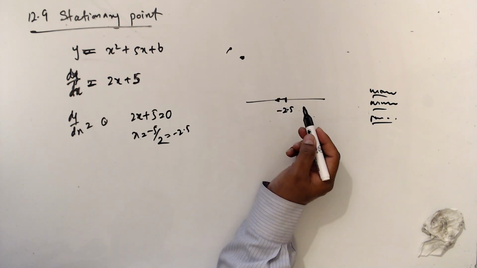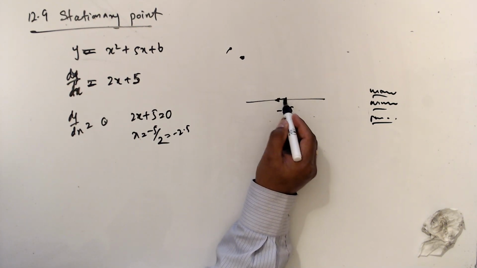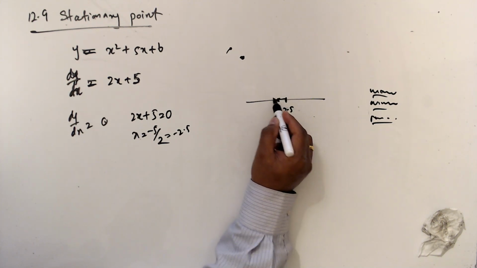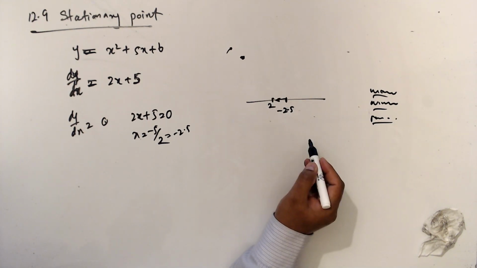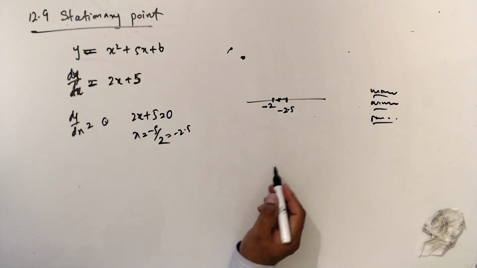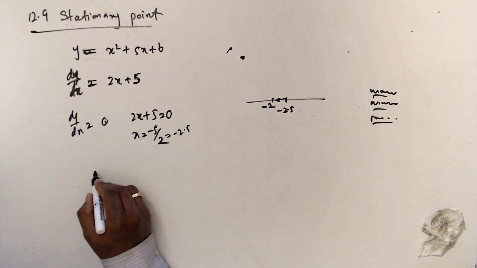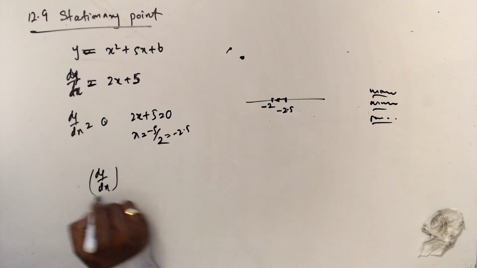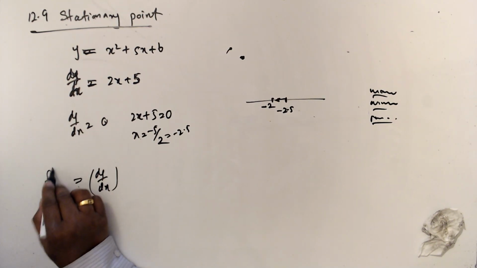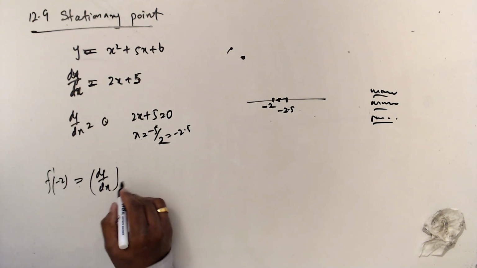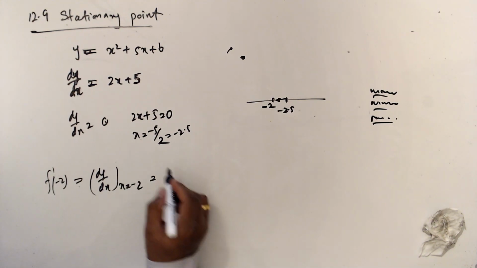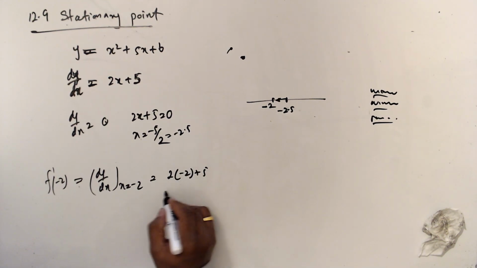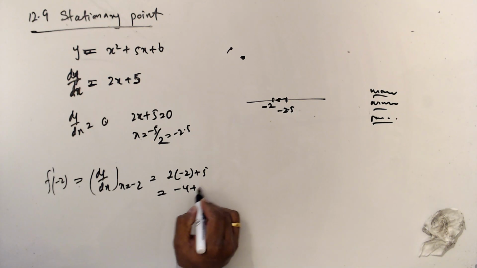Let's go a small distance to the left. Can you tell me a distance? Okay, we'll take any number, minus 2. Now we'll check f dash x or dy by dx. 2 times minus 2 plus 5 is going to be minus 4 plus 5.